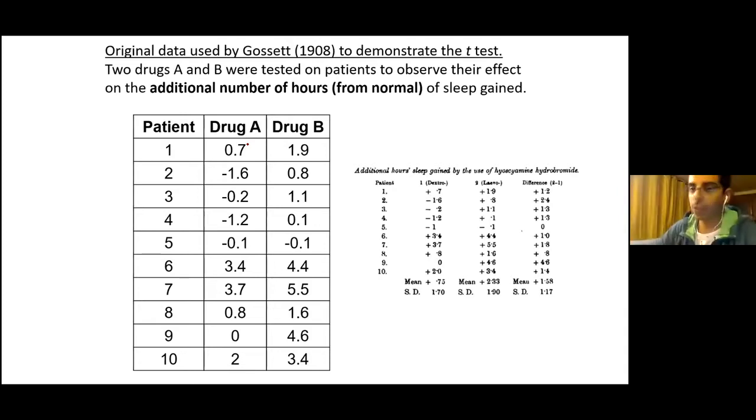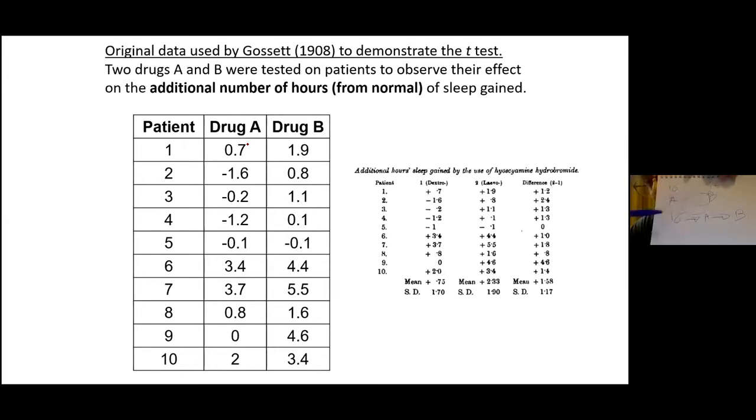But what you can do sometimes is you can have the same 16 people take drug A, then take drug B. Same 16 people, only here we have 32 people in the example, the 16 and the 16.